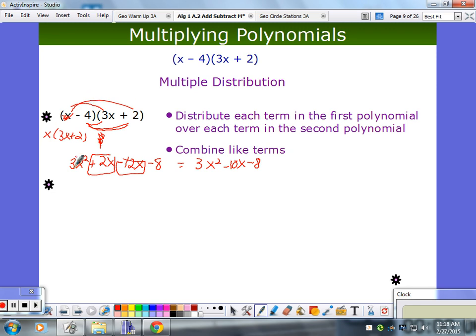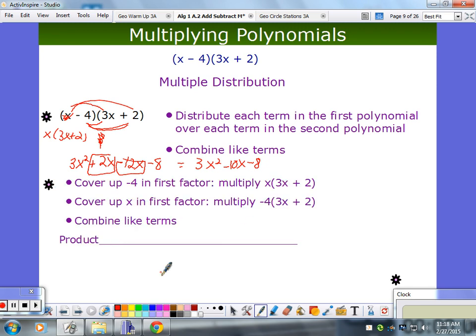I distributed and I turned it into this. Yeah, this is just telling you how to do it. The product is 3x squared minus 10x minus 8. Well, we didn't put the answer in, so you're going to put the product in. Do you see where we're on page 2? Kind of middle of the page?